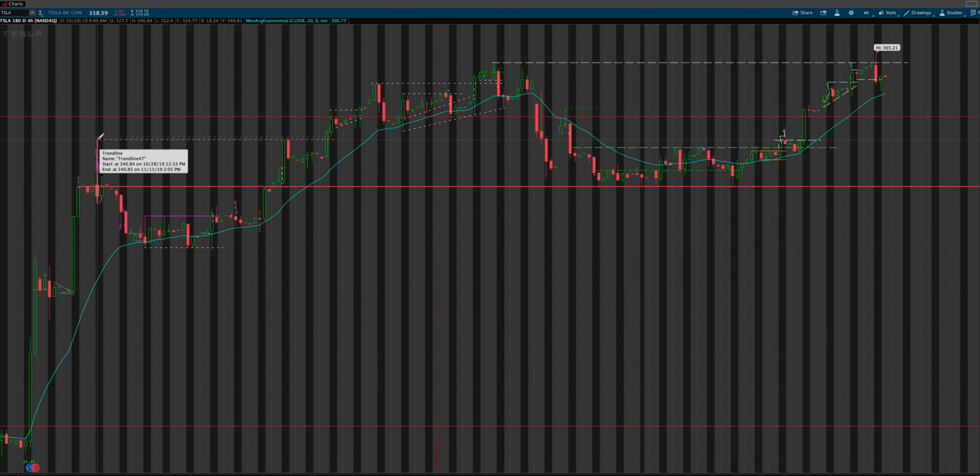We moved this line to the right side, and as you can see, it created a cup and handle formation. So it created a rejection, a cup. It got rejected by the same resistance, it bounced, and then it continued to the upside.